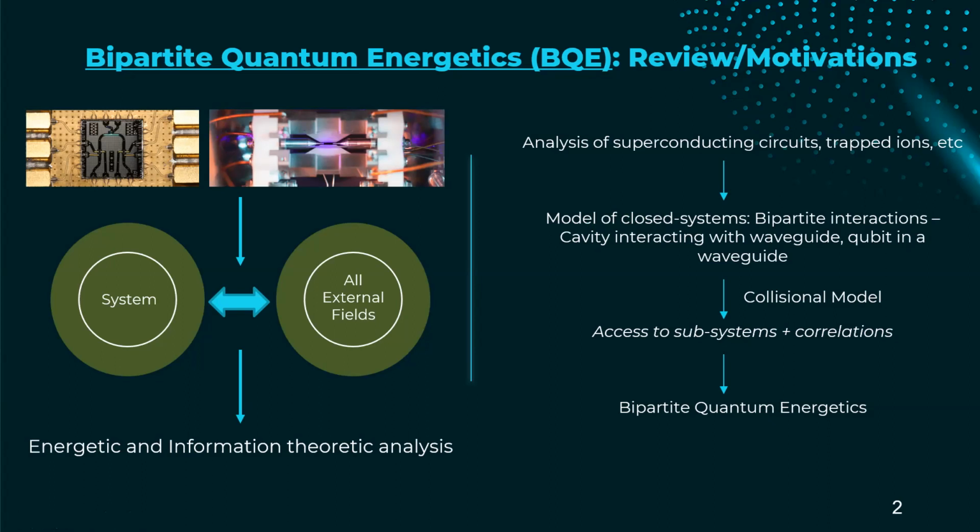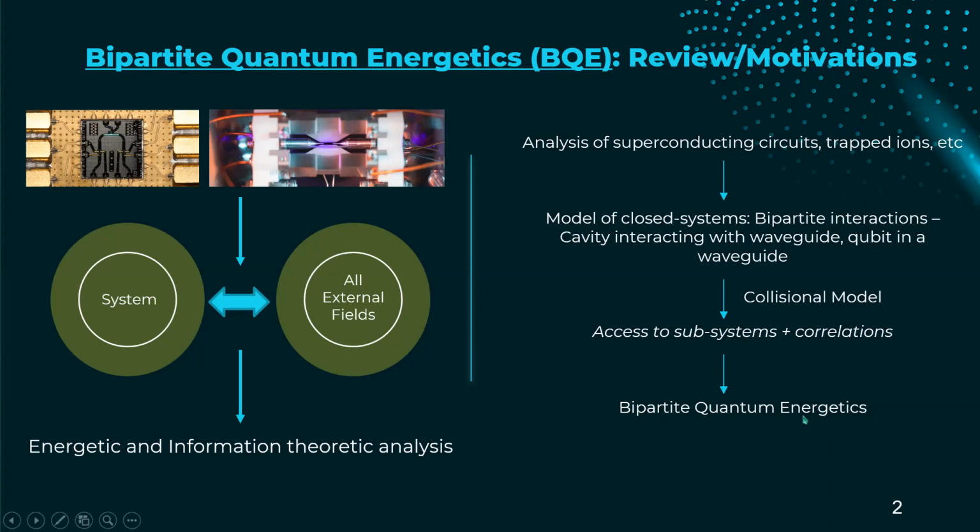We should have the solution for the system and all the fields around it. We don't trace over the bath or the fields that are there. As Maria has shown, we can use the collision model to solve these dynamics, which are similar to this: a small system interacting with a big field. From this, you get access to subsystems plus the correlation information, which we then use to do the energetic analysis and to talk about other measurements.